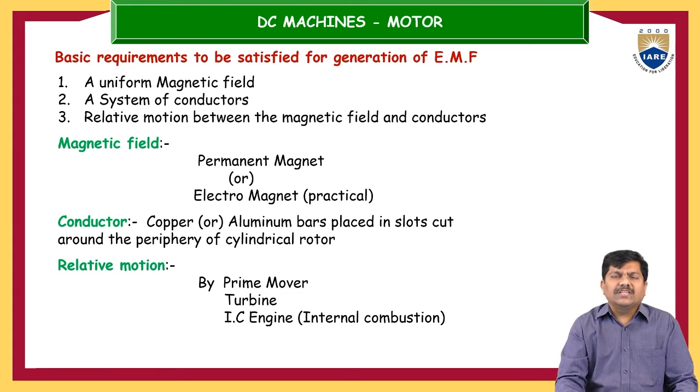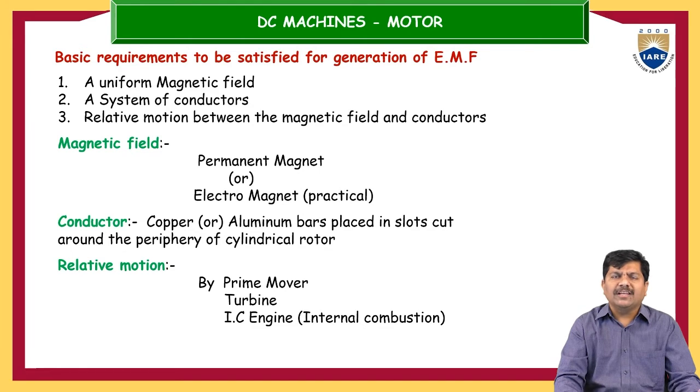And one more requirement is to take a conductor. A conductor has minimum internal resistance and allows the flow of electrical energy through it. Such a conducting system you take separately; on one hand we establish that uniform magnetic field, and on the other hand we take the armature conducting system, and you keep one in the other. Suppose you have developed a uniform magnetic field; inside that field you keep the conductor.